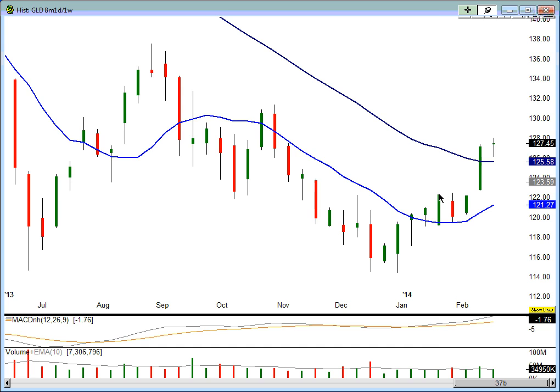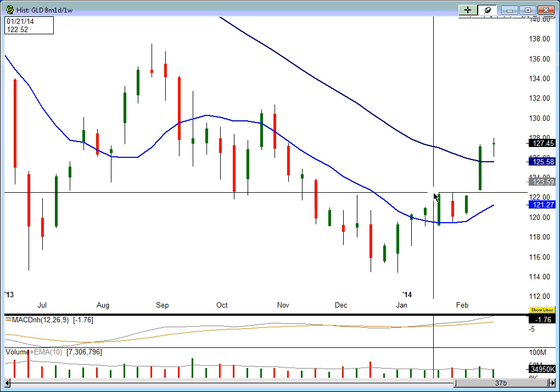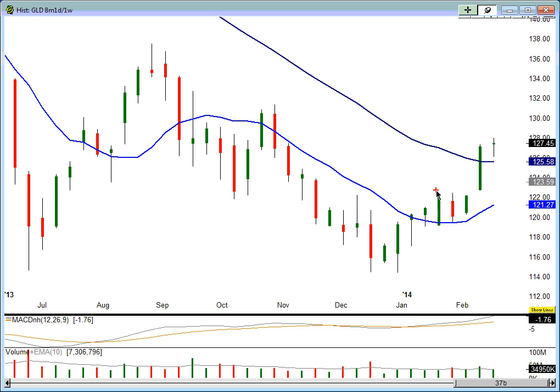So it's kind of a little bit of a fake, but if you put a breakout point here, you can see it gapped up on this little breakout, and right now it's working itself up to possibly tagging this resistance near 132.